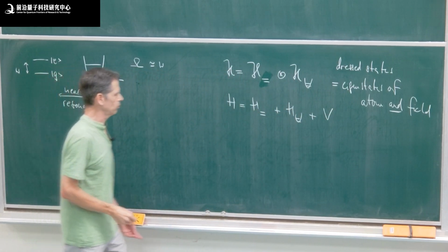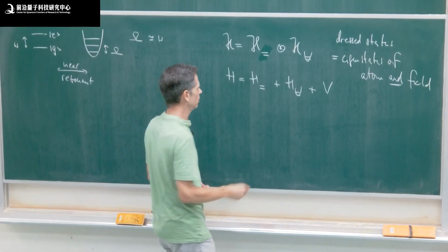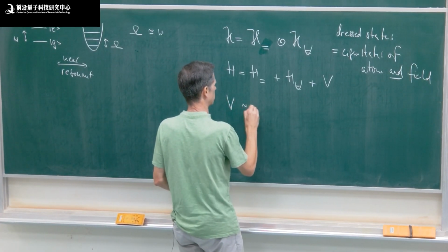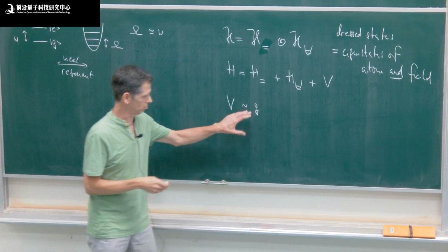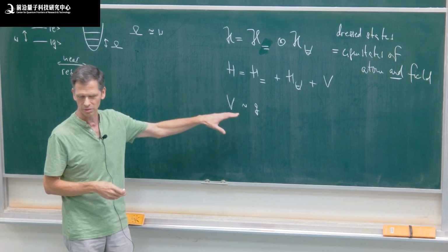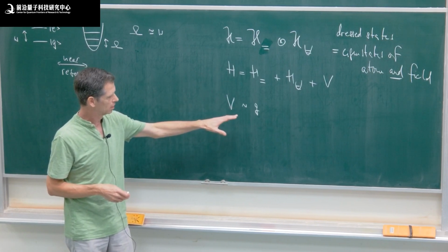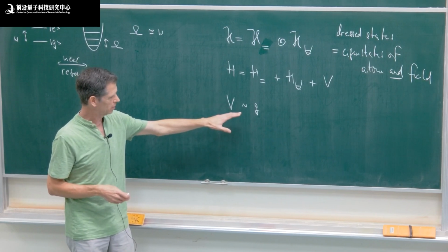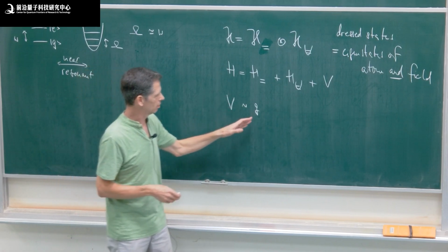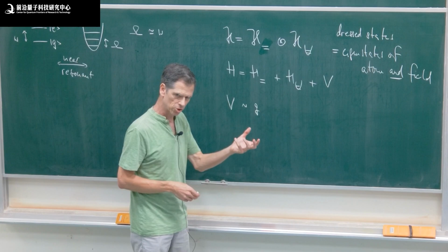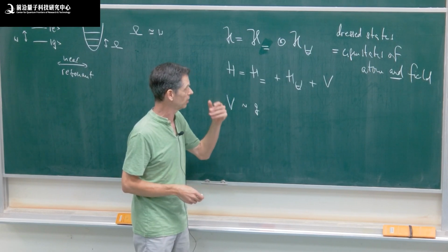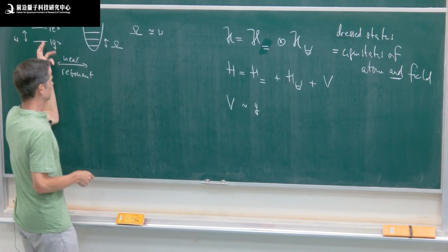And then we had written V essentially as some coupling constant, which has all the constants which we typically set equal to 1, or which we measure in appropriate units such as to be able to set them equal to 1. And then also the atomic structure, so the dipole matrix element between the ground state and the excited state.